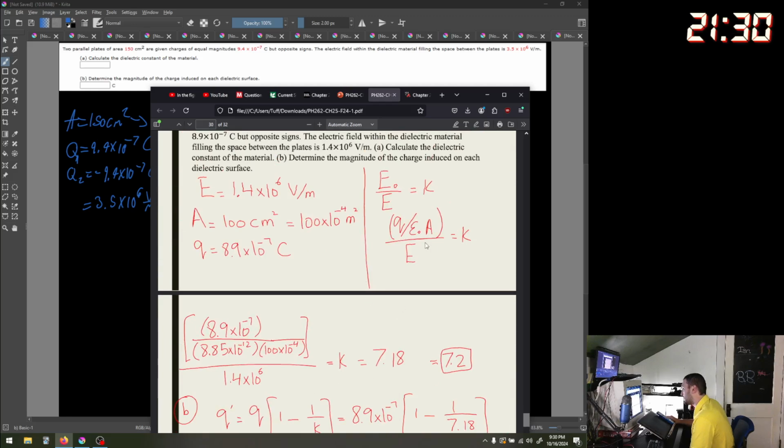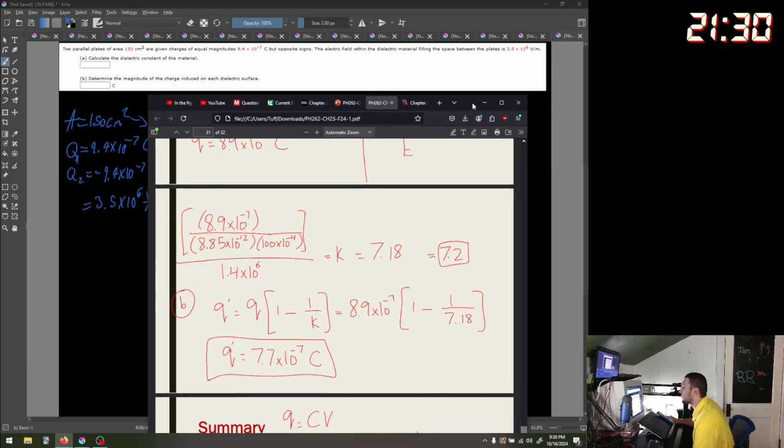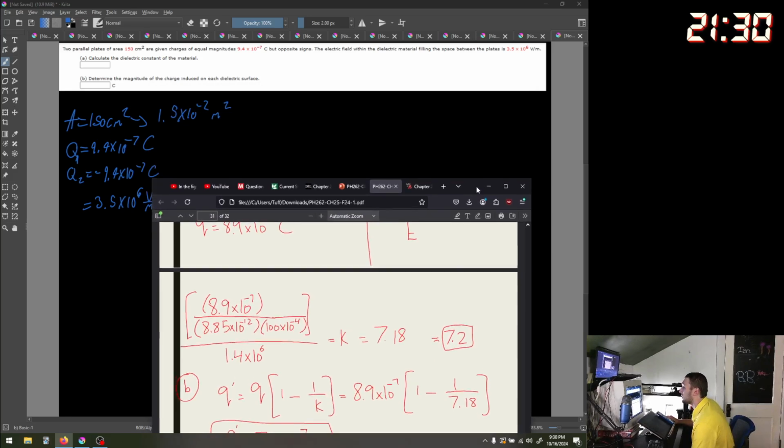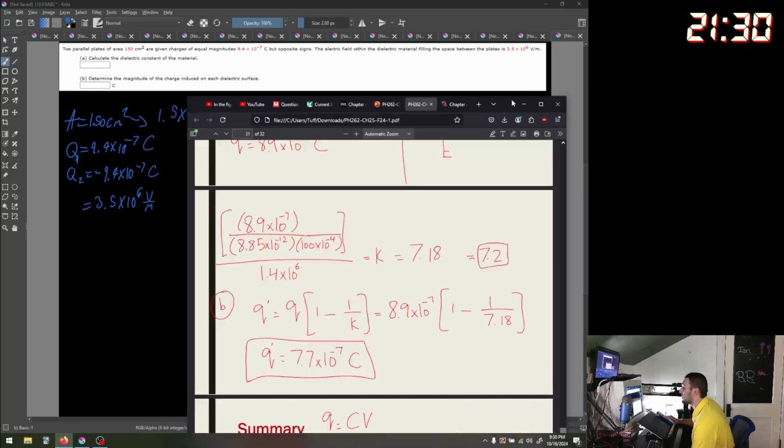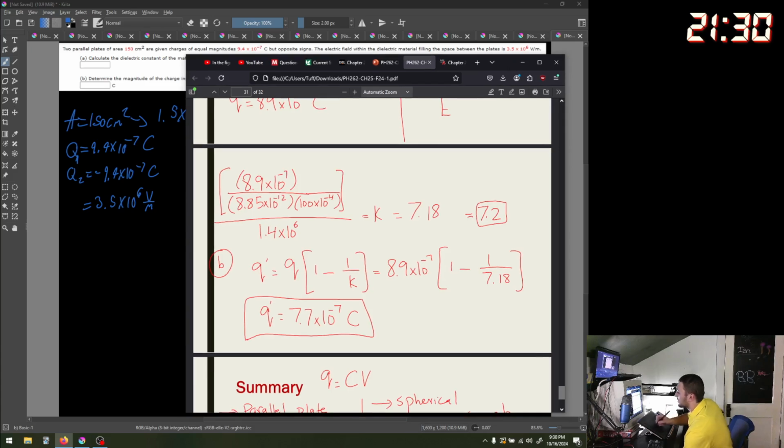Here we go. Q over epsilon 0 A over E. We don't know E, do we? Unless E is the electric field.